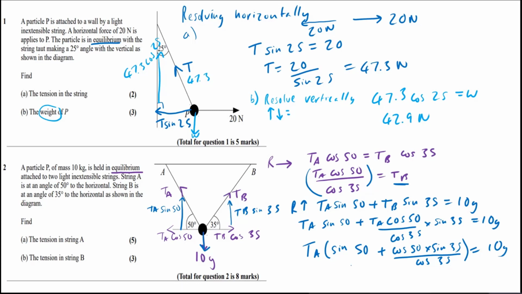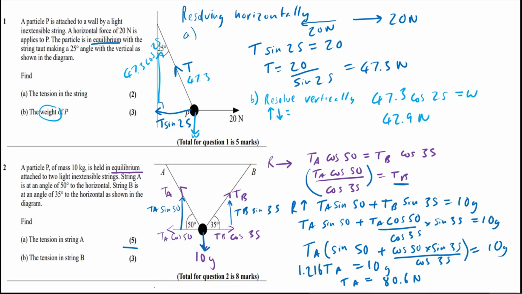Or you could work this out on the calculator as well, which would be 1.216 TA equals 10G. So TA eventually, once you just work that in the calculator, is going to be 80.6 newtons. And it is asking for TA first.